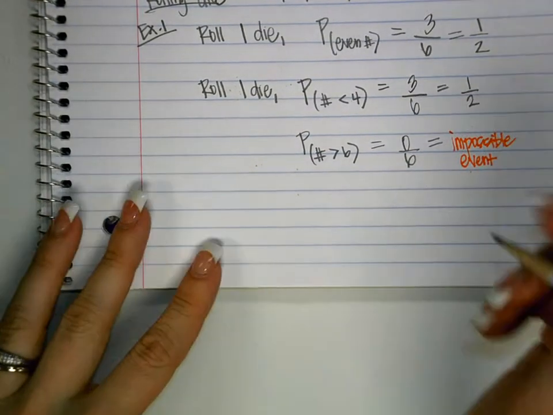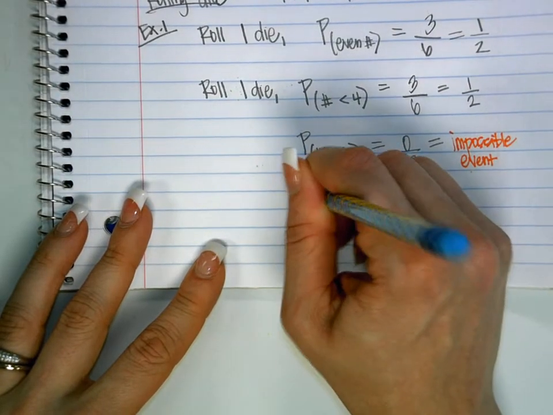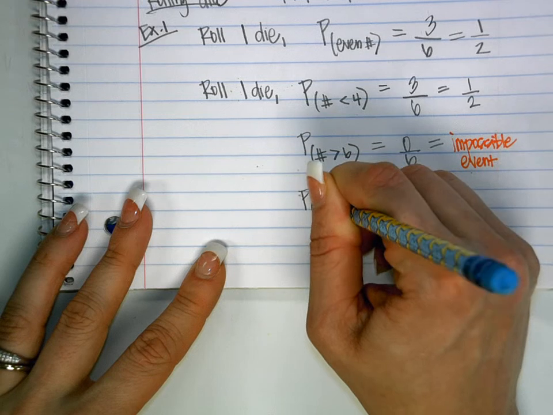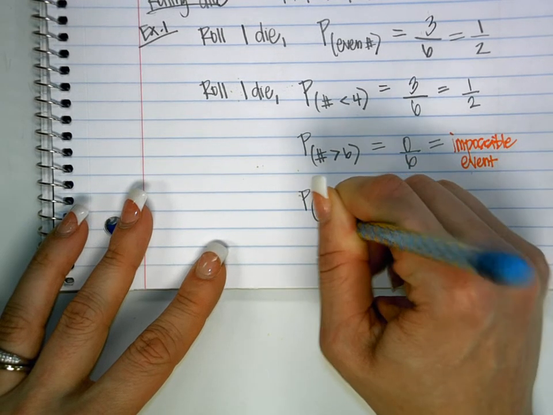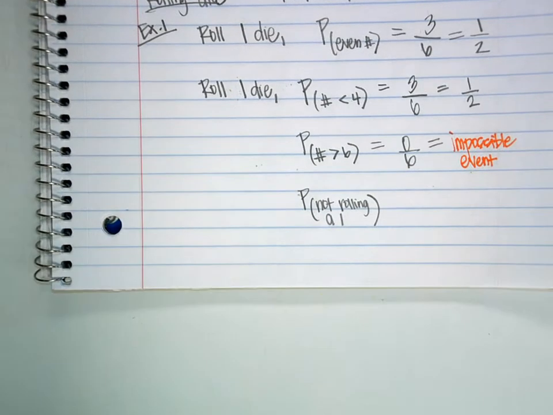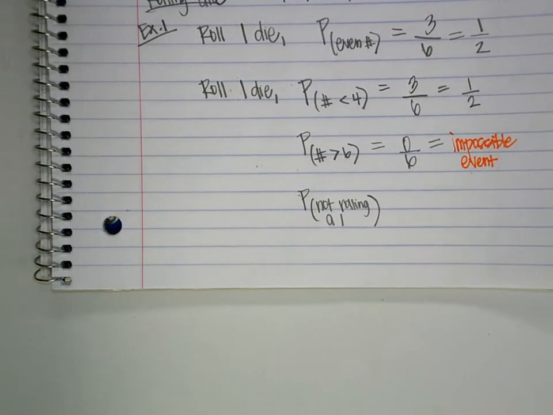I want to find what is the probability of not rolling a 1. What's the probability of not rolling a 1? Very good.